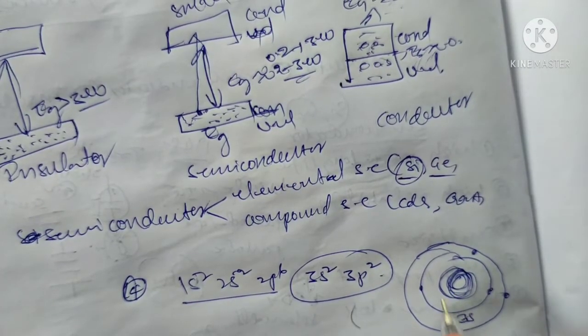Each electron has a different energy level in the energy diagram.